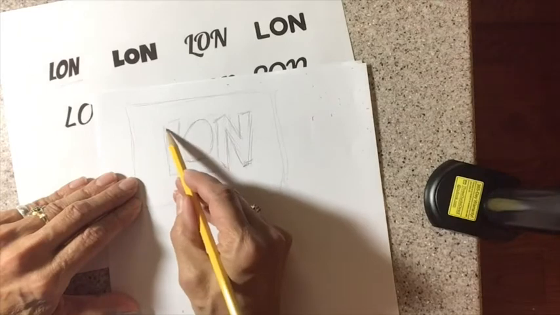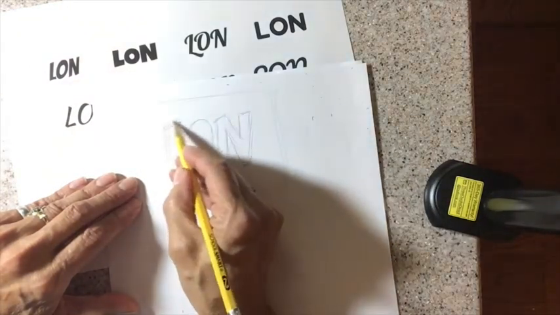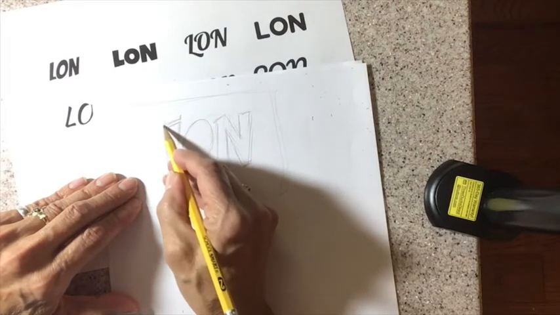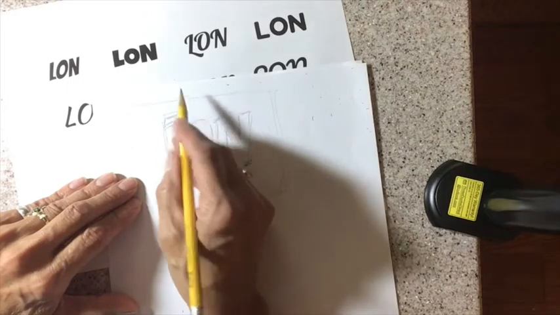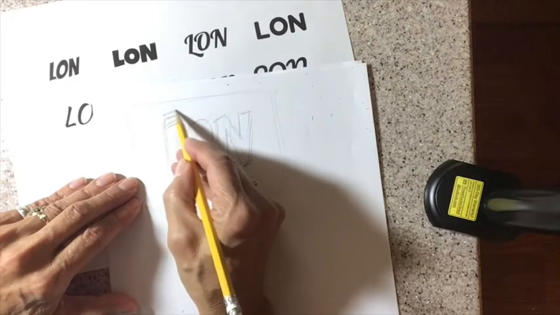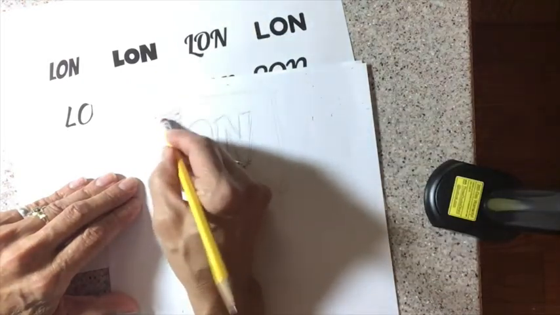Now I'm also going to start thinking about what kind of graphic elements to put in it. One thing I can do is I can kind of break these letters apart and add some other rectangles that kind of build off. Maybe a triangle builds off here, starts to kind of break away.